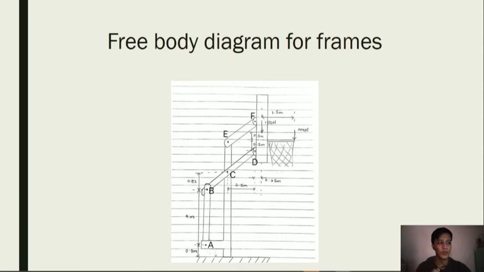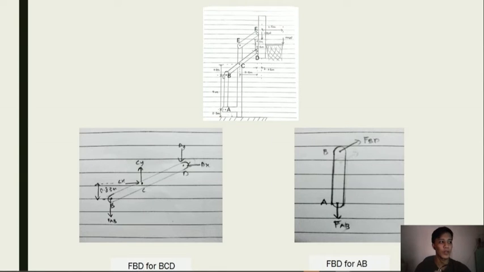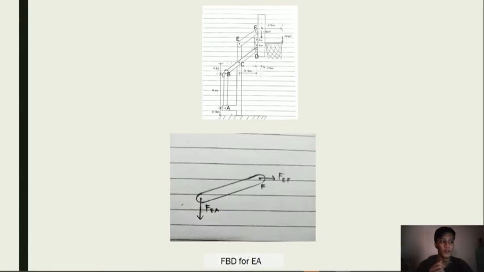So this is the free body diagram for the ACE part and FD part. This is the free body diagram for the BCD part and AB part. Next, this is the free body diagram for the EA part. So that's all for frames.